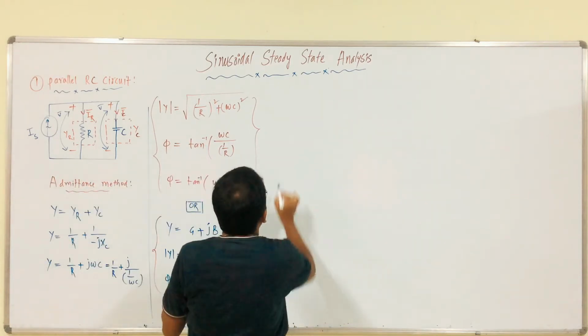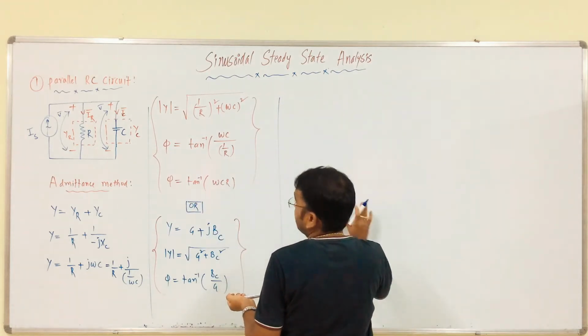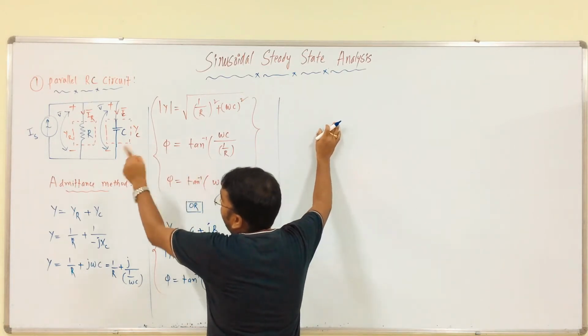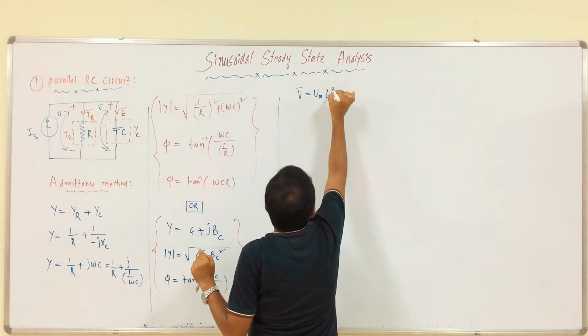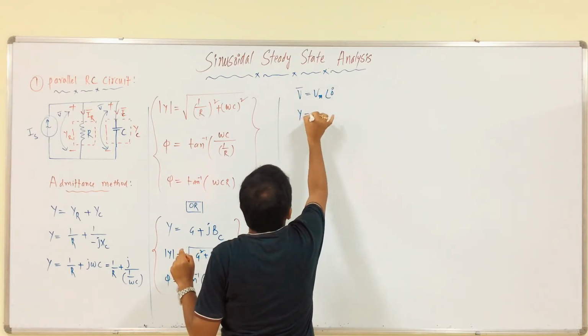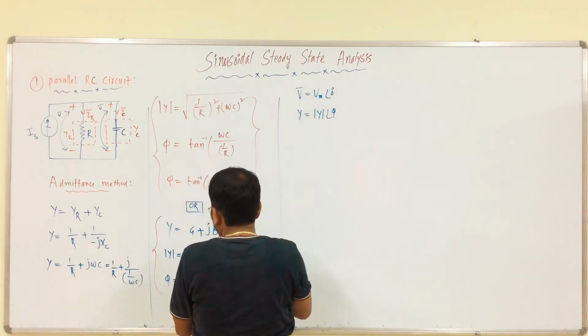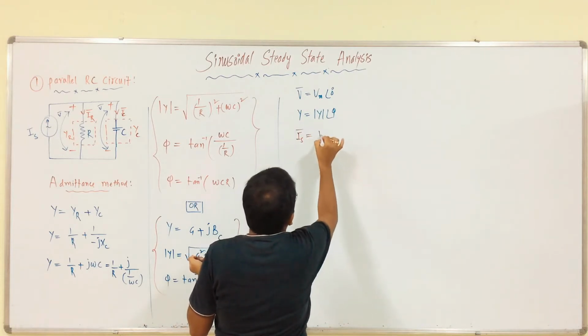So from this we can get the magnitude. We have voltage V is equal to Vm at an angle 0, and Y is equal to mod Y at an angle phi. Therefore, we get the current, that is I is nothing but VY.